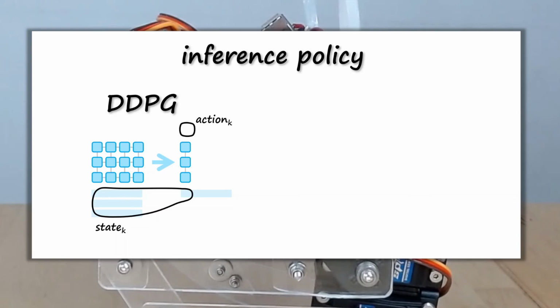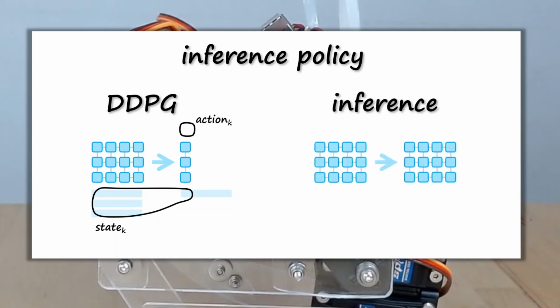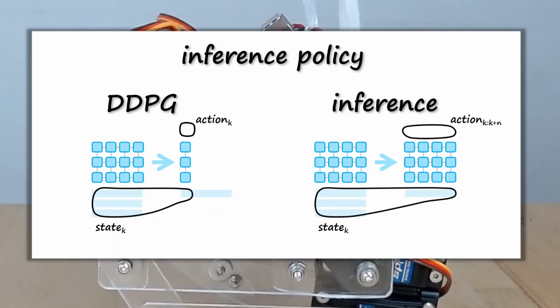However, when we run the policy to perform inference on the Raspberry Pi, we need a slightly different model. For inference, we need to be able to map from state to a time sequence of future actions to be performed. This is due to the limited compute capability on the Raspberry Pi.